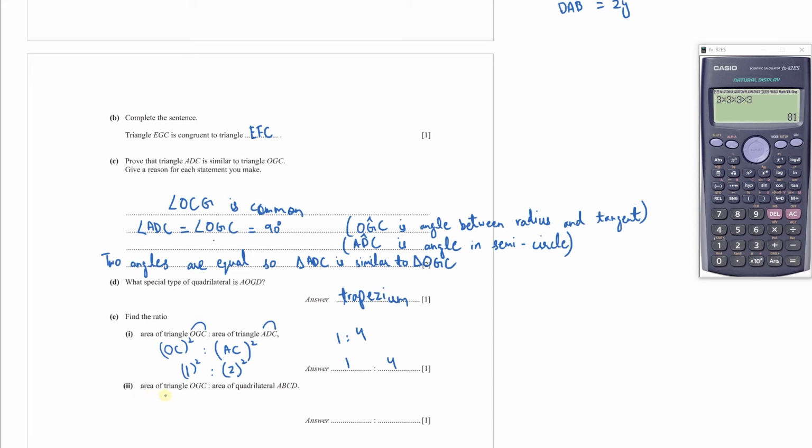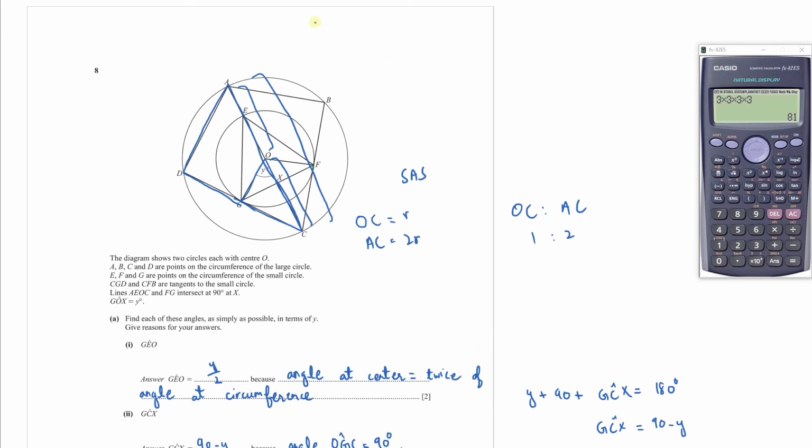The next part is area of triangle OGC and area of quadrilateral ABCD. So now we are looking at this small triangle, this one here, OGC, and this quadrilateral ABCD.